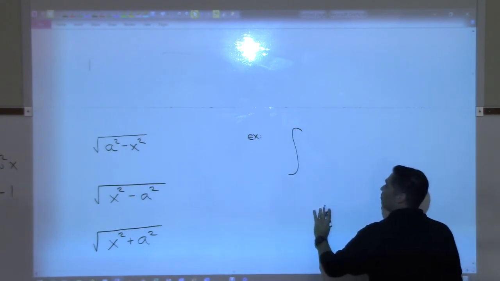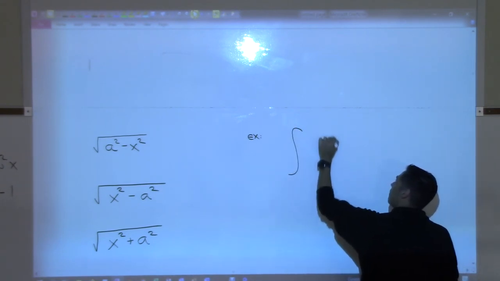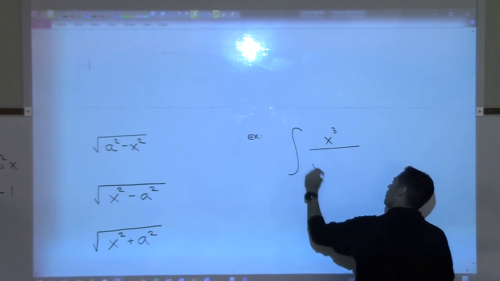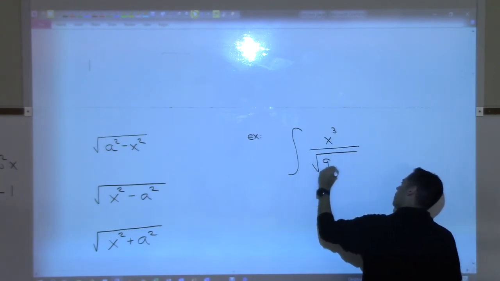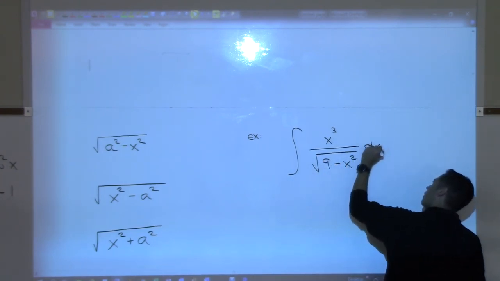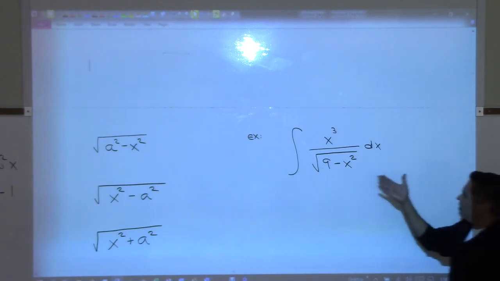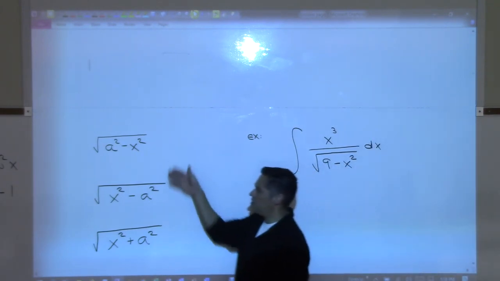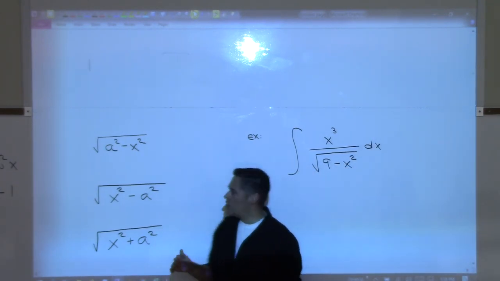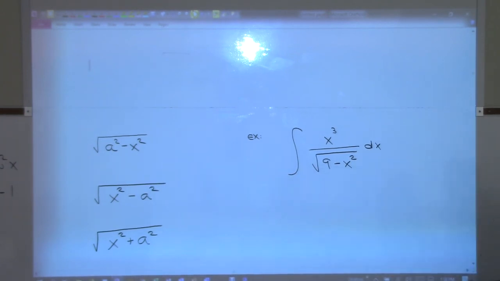So how about this problem right here? Does this integral have one of these three formats in it? Yes. Which one? Top, middle, bottom? Top one, right? So a here is a constant.